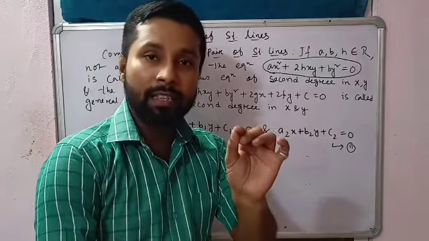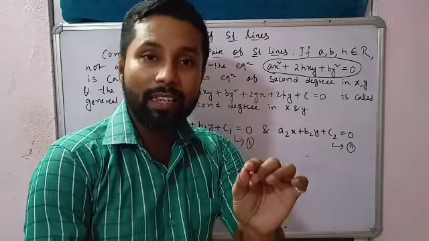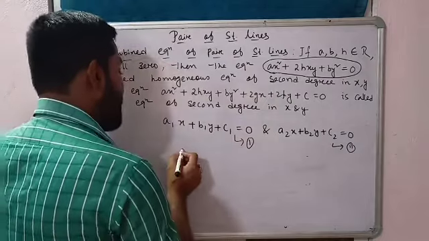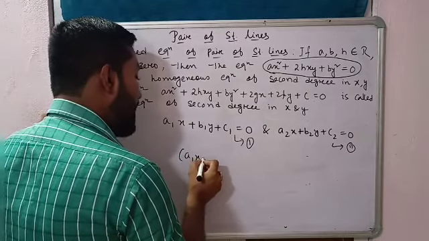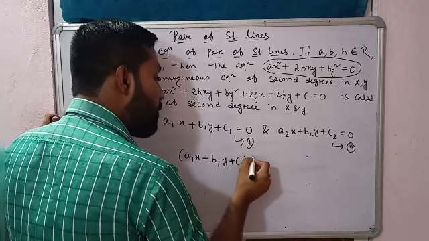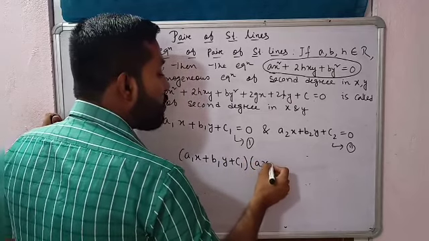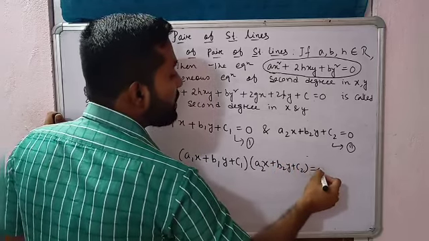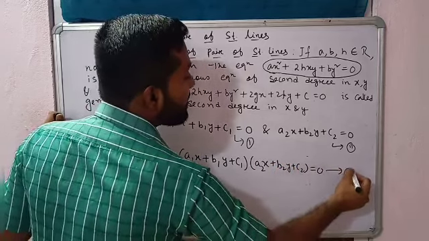Then the point P satisfies the equation a1x plus b1y plus c1 whole into a2x plus b2y plus c2 is equal to 0. This is the third equation, say.